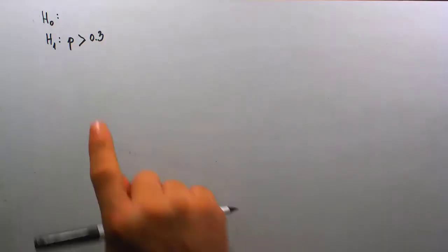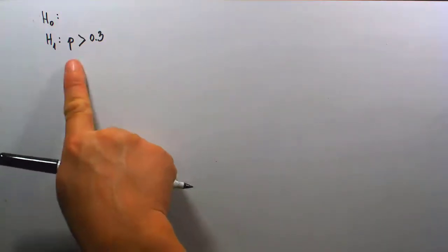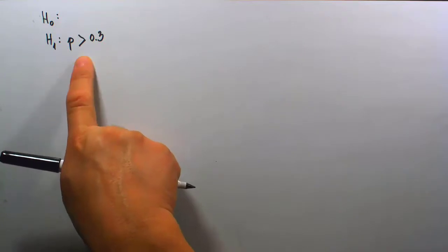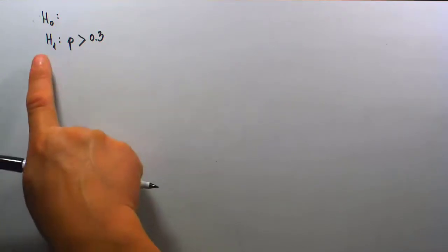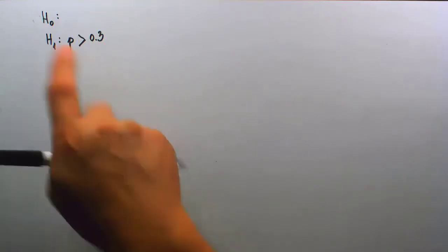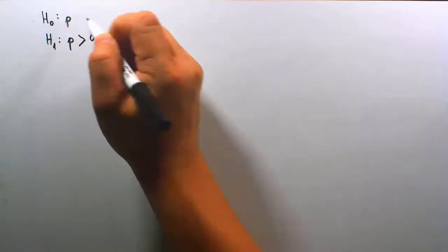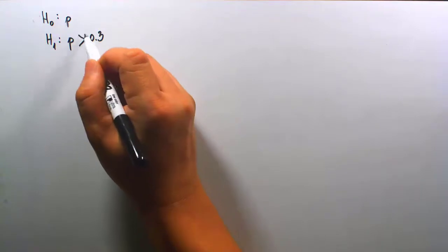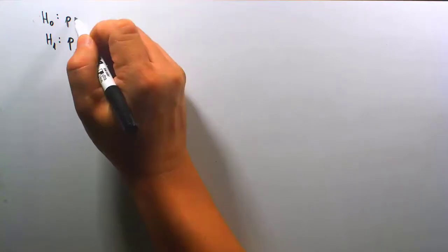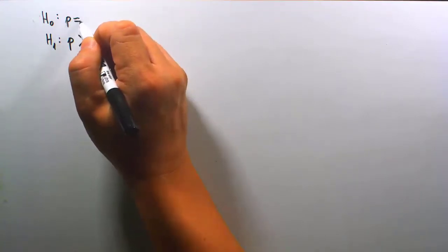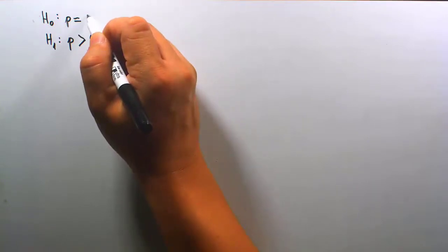Once we can identify H1, then H0 comes out easily by simply replacing the inequality in H1 with the equal sign. And so now we have our H sub 0, the null hypothesis.